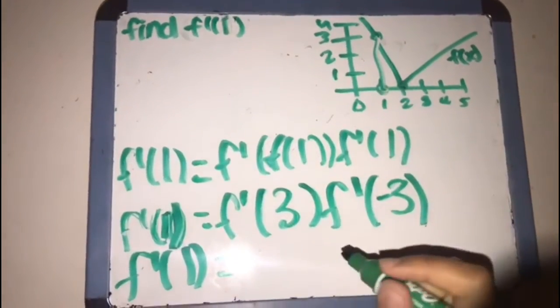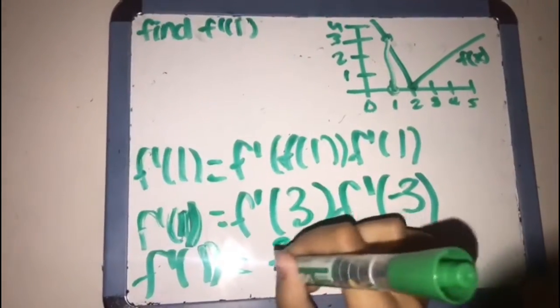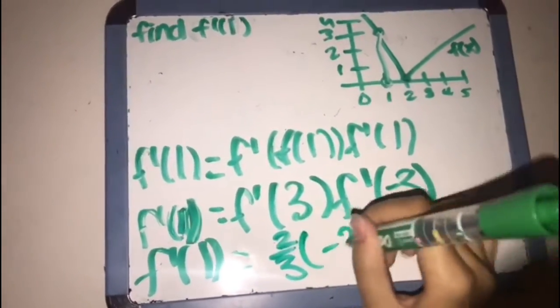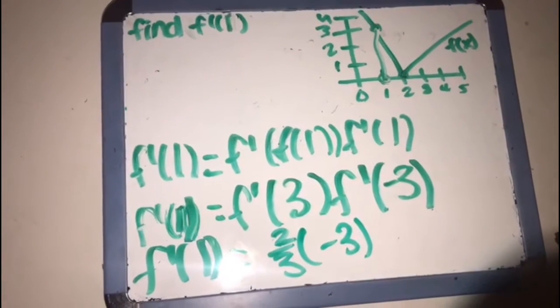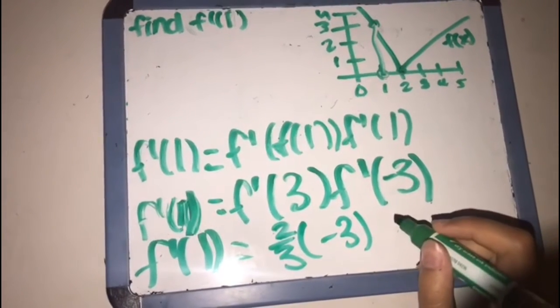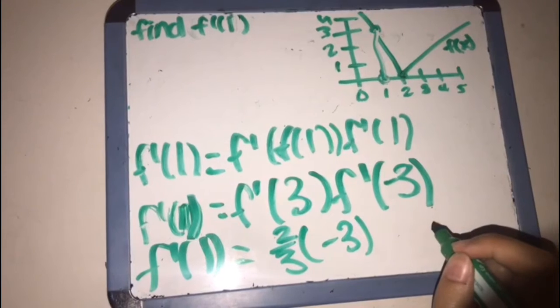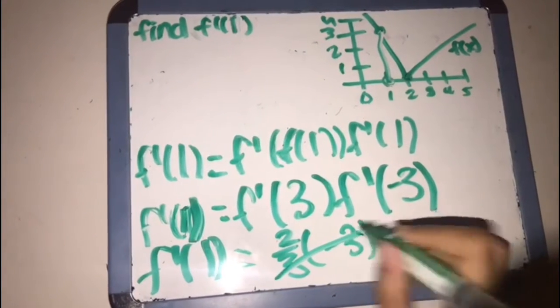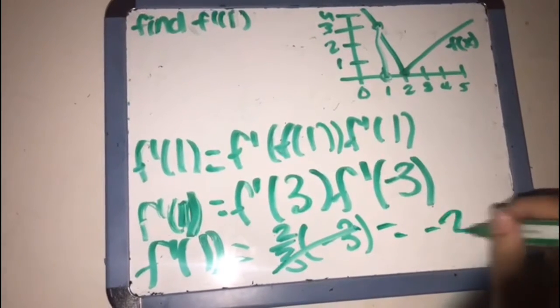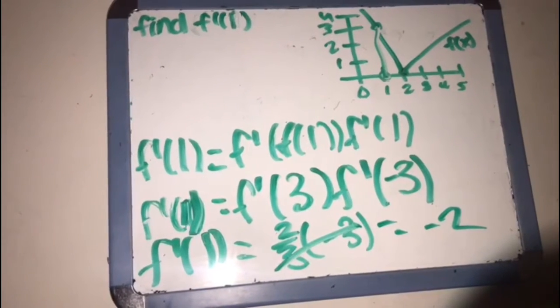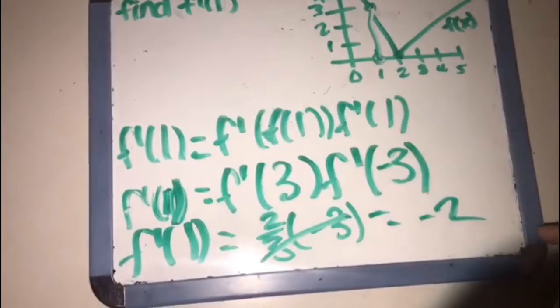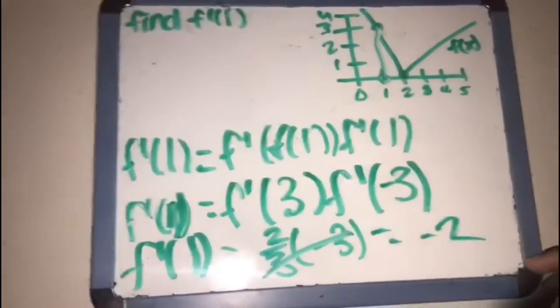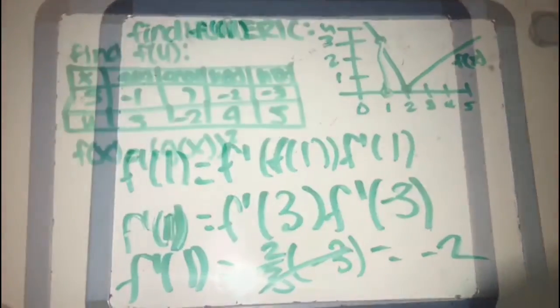So it would turn into 2 over 3 times -3, and so this would be off, so it will just be -2. Right, okay. This is how you find your graphical GNAW problem.